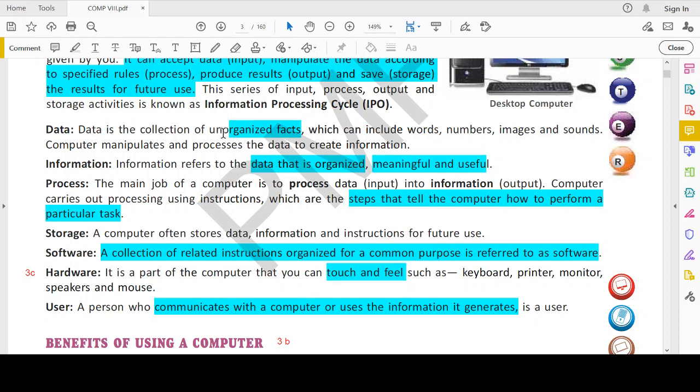So we need to organize it, we need to arrange it so that it bears a special meaning to something.